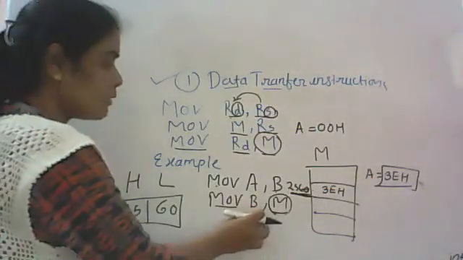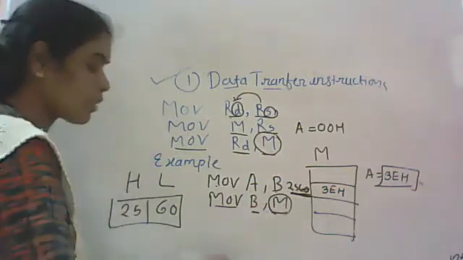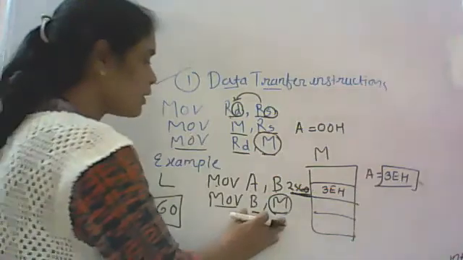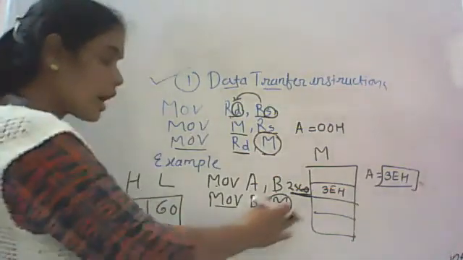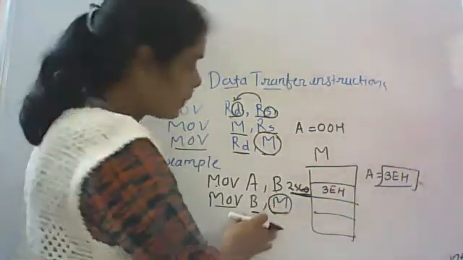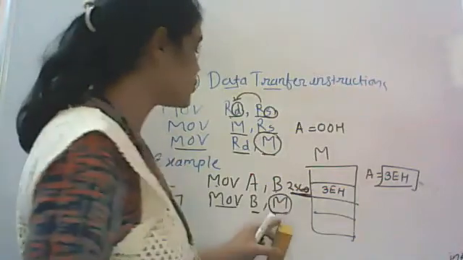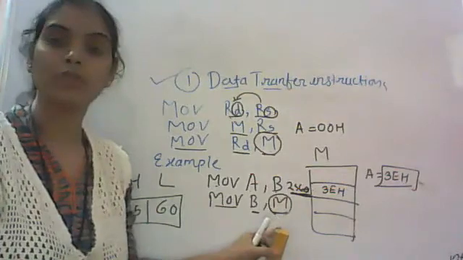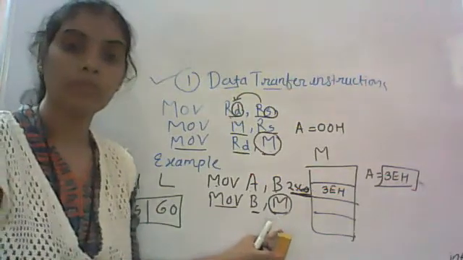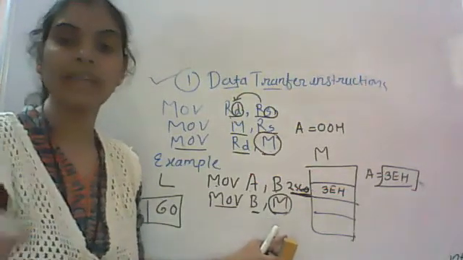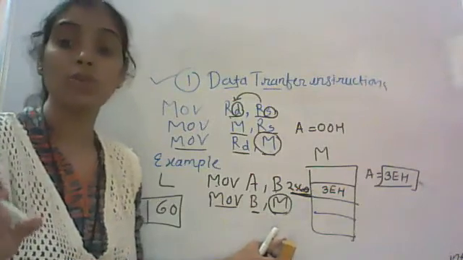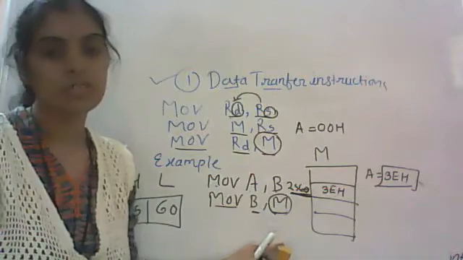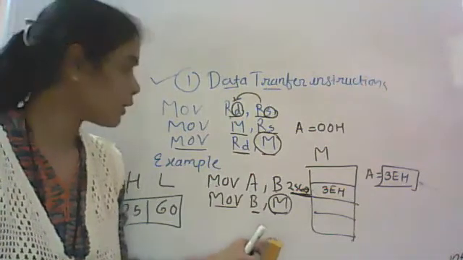So the MOV B, M copies the content of the memory location whose address is given by the content of the HL register pair. If one of the operands is a memory location, its location is specified by the content of the HL register pair. Got it?